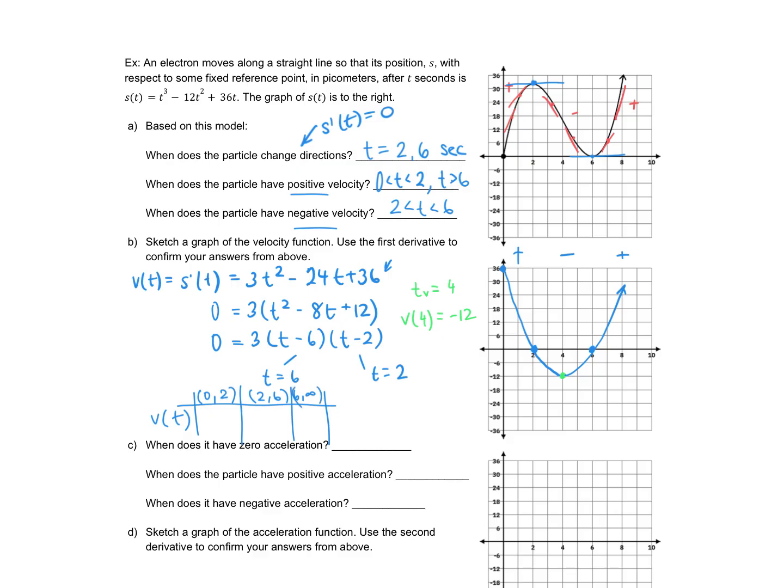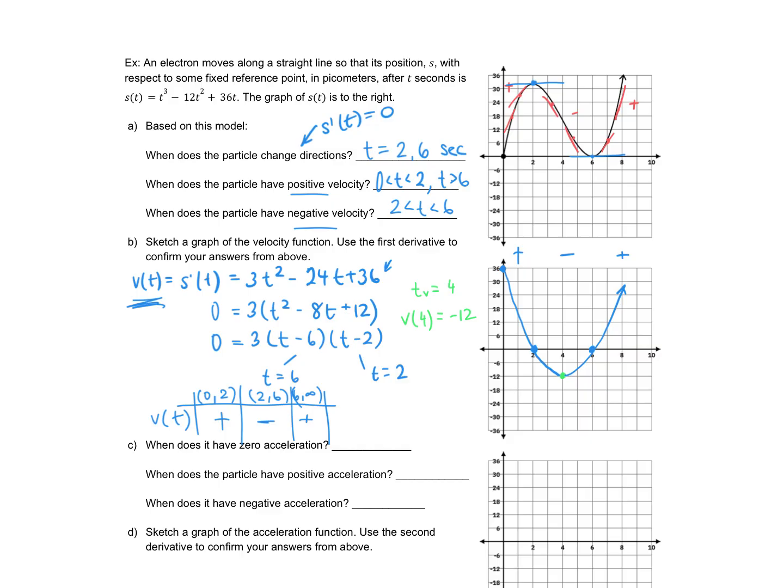And I'm just going to sub a test value between that interval into the velocity function, so that first derivative. So if I plug in positive 1 in for t, so 3 times 1 squared minus 24 plus 36, I get a positive number. If I plug in a value between 2 and 6, so for example 4, we already found the vertex, it was negative. And then anything greater than 6, if I plug in 7, I should get a positive.